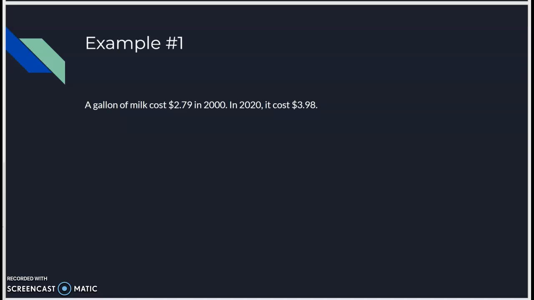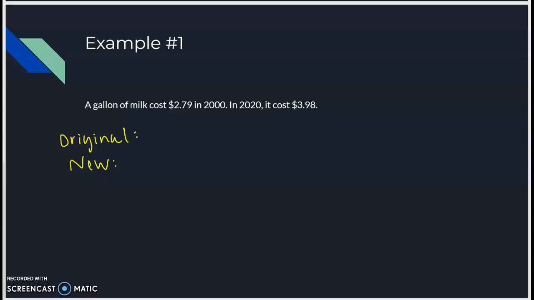In example 1, a gallon of milk costs $2.79 in the year 2000. In 2020, it cost $3.98. So we need to identify some information. When we have original and new, we need to figure out what those values are.